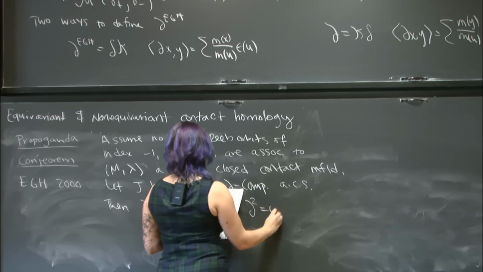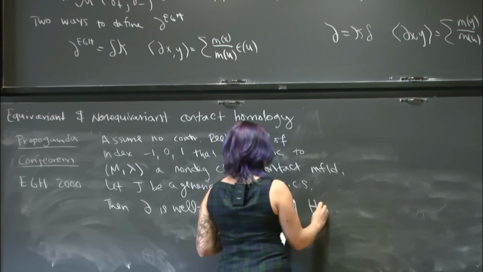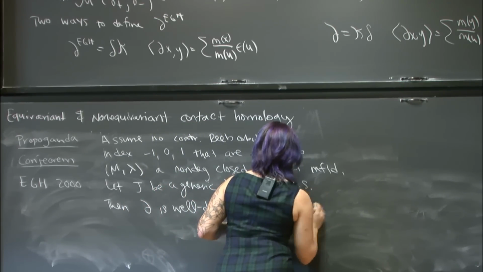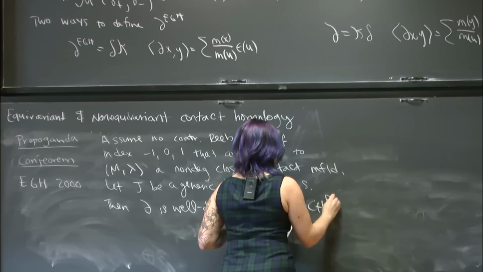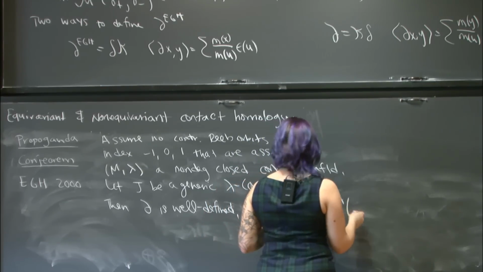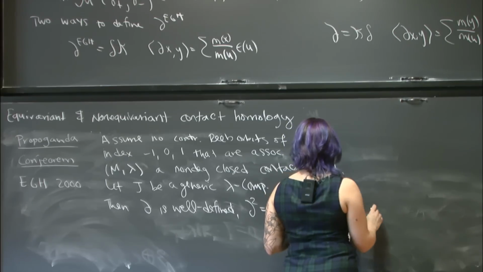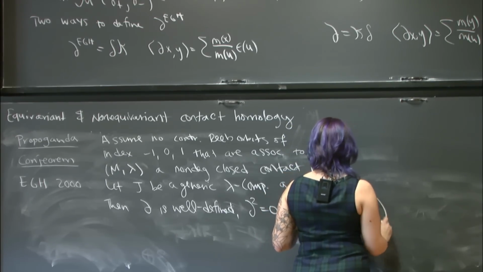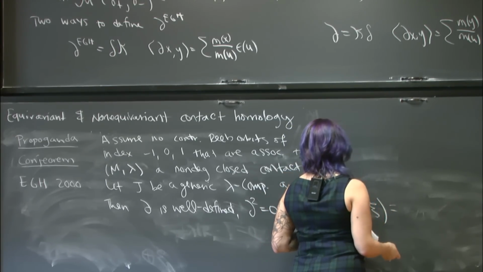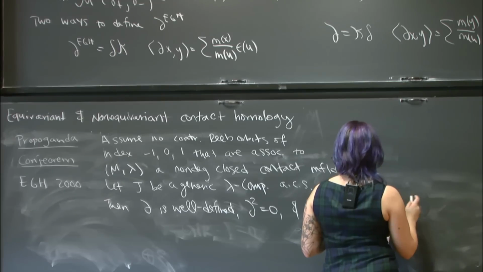D squared is 0, and the homology, which I'll write as CH, EGH, is supposed to be an invariant of the kernel of the contact form, so it shouldn't depend on the choice of contact form or complex structure.